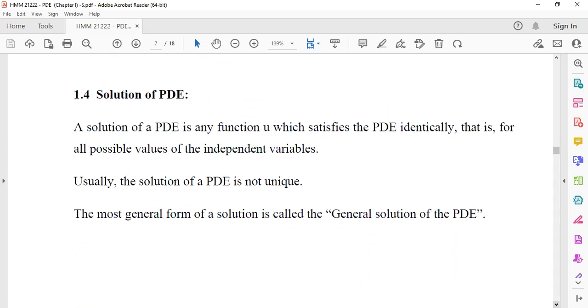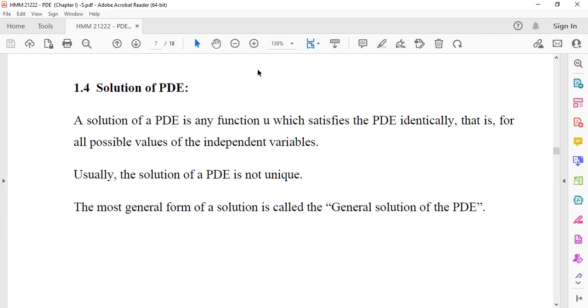So solution of a PDE: a solution of a PDE is any function u which satisfies the PDE identically. For example, in an algebraic equation, say x squared plus 2x plus 1 equals 0, how can we solve this? There are many ways.